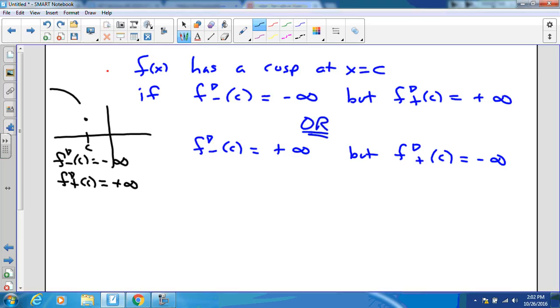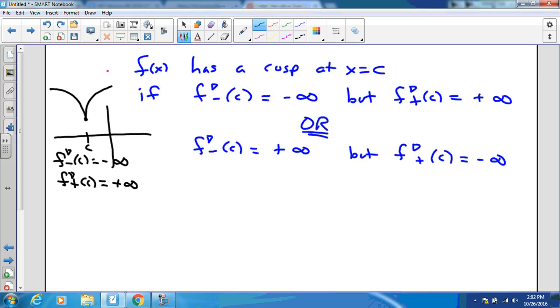And so coming from the left, that means that I need to go vertical with ever decreasing slopes. See that? But now coming in from the right, I need to go vertical with ever increasing slopes, like this.